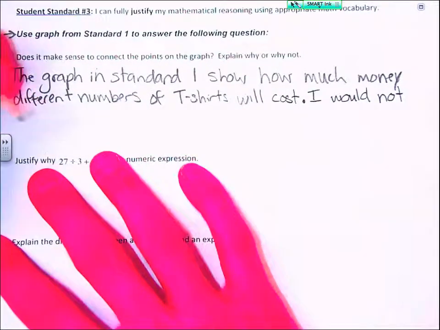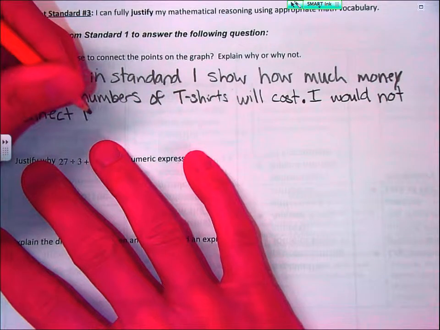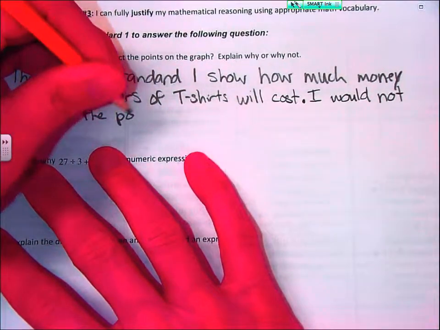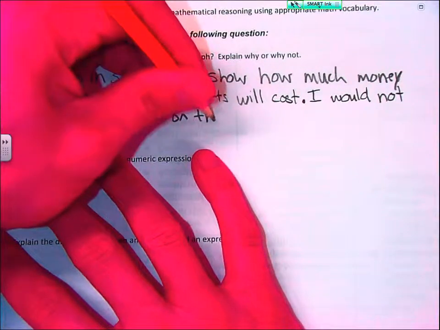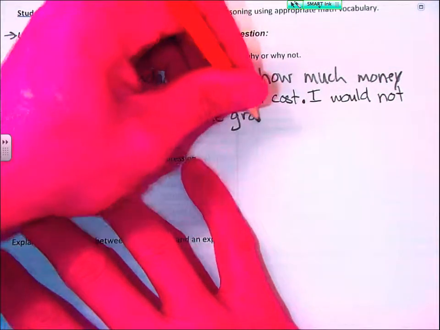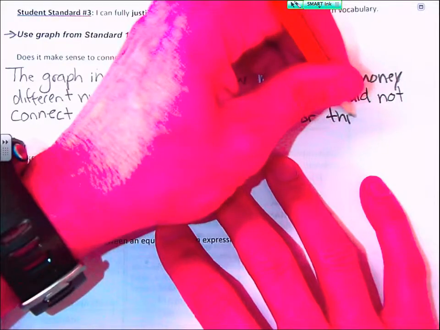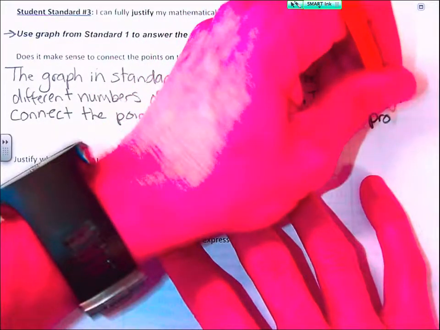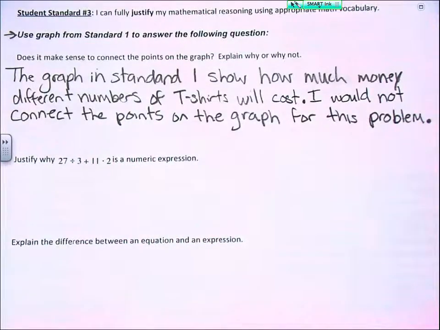I would not connect the points on the graph for this problem.